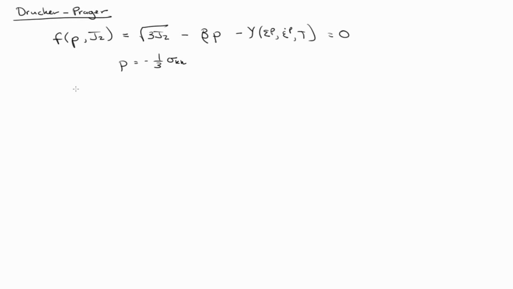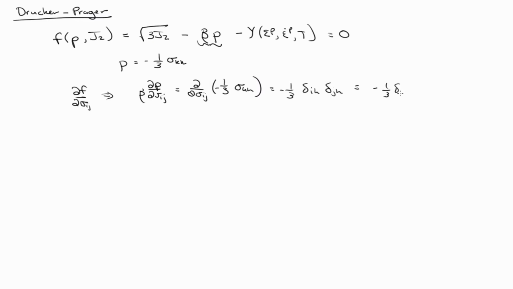And if we use a flow rule and we want to compute partial F, partial sigma ij, if we just look at this term, and we do that computation, then we have partial P, partial sigma ij, which is partial sigma ij times 1/3 sigma kk, and that's equal to minus 1/3 delta ij, right?